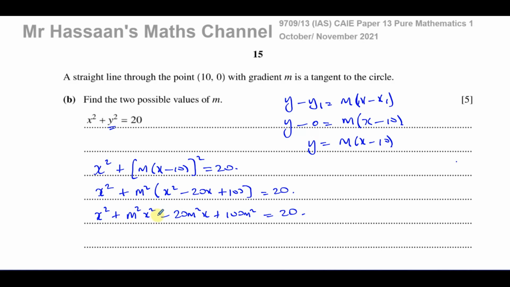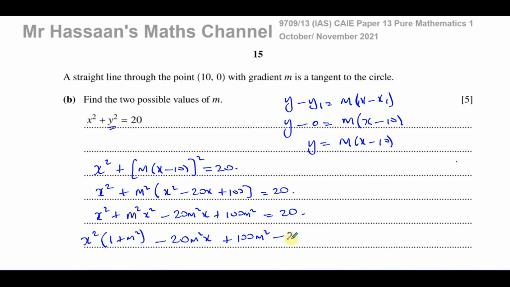So if you simplify this, what I'm going to do now is write the x squared term factorized so I can have coefficients. So x squared times (1 plus m squared). This is just minus 20 m squared x, and that's plus 100 m squared.